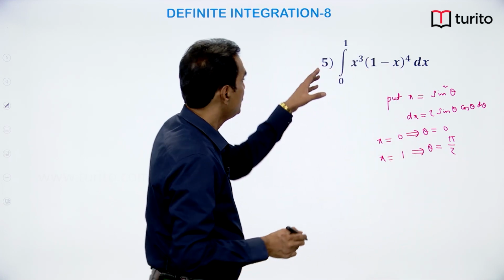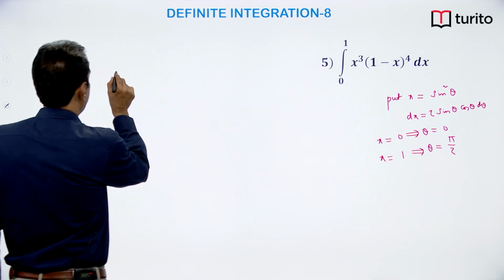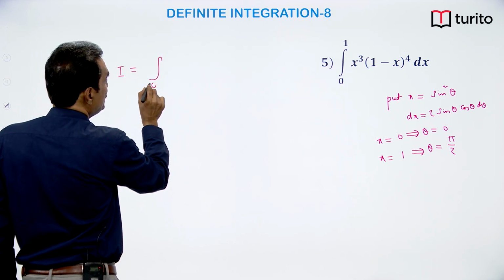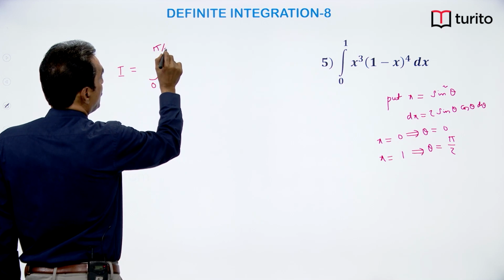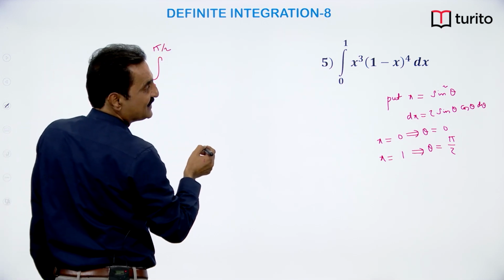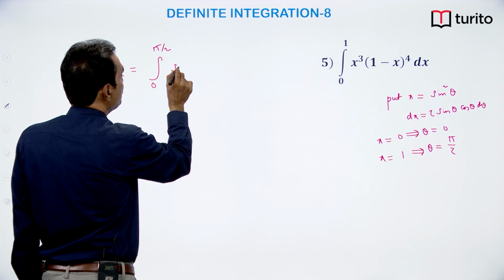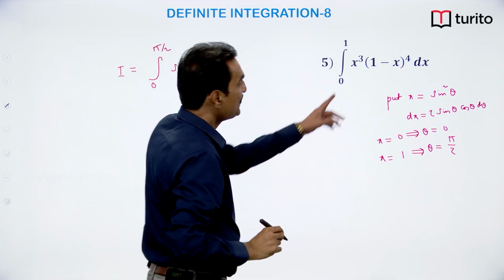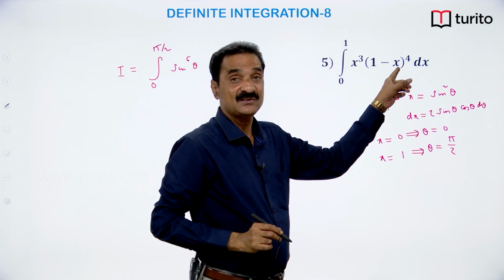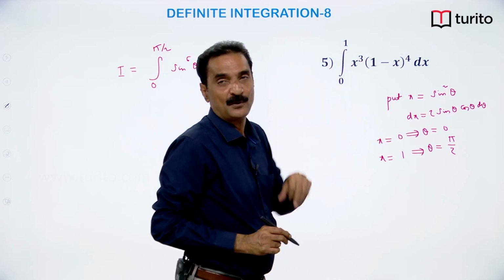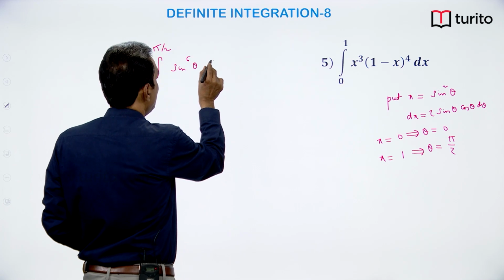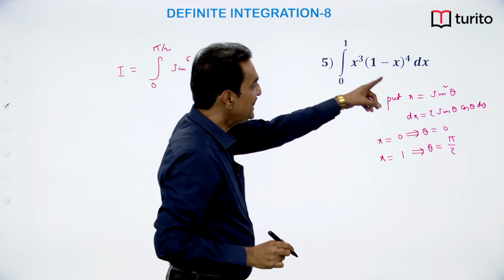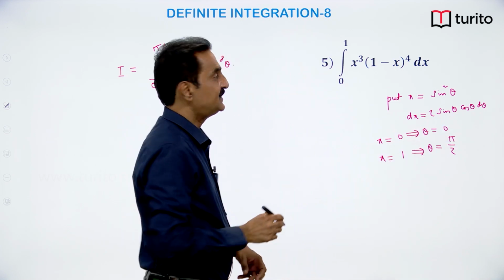Okay. Then the given integral I will be integral 0 to pi by 2, x cube means sine power 6 theta into 1 minus sine square theta, which is cos square theta. Cos square theta whole power 4 means cos power 8 theta into dx, which is 2 sine theta cos theta.